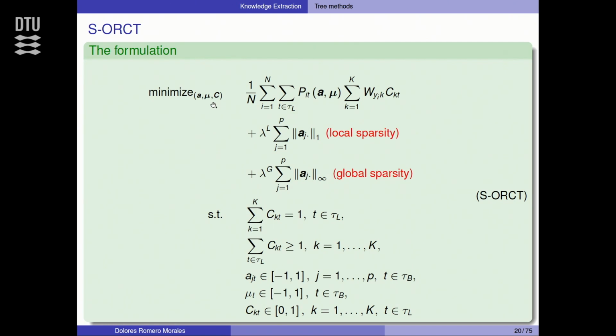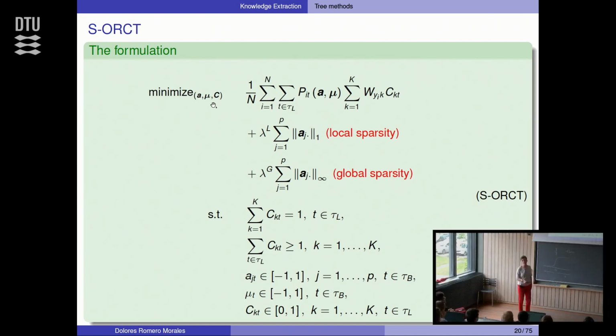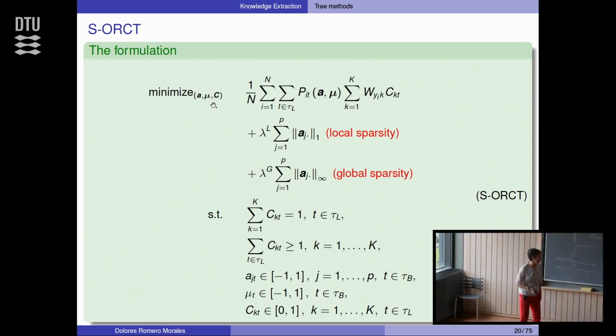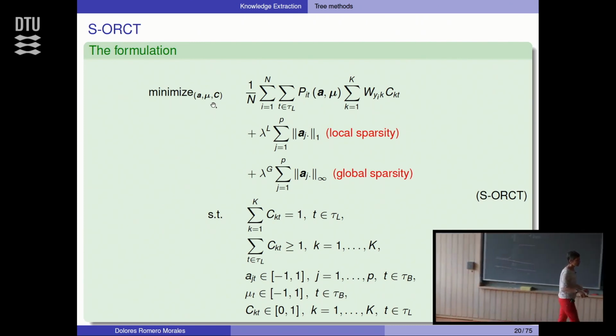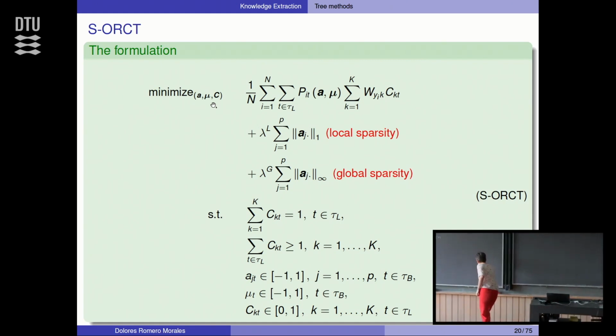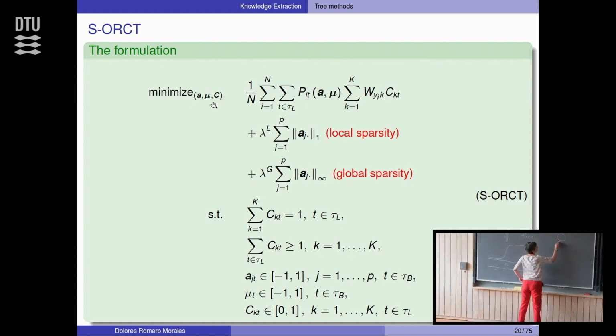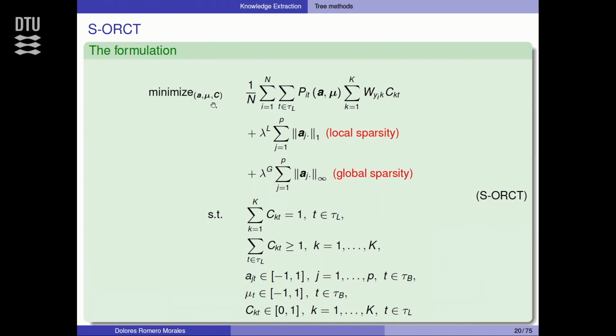And I'm also going to have, for every terminal node, to decide which class I will be assigning to that node. So remember that you will have a tree like I drew before.